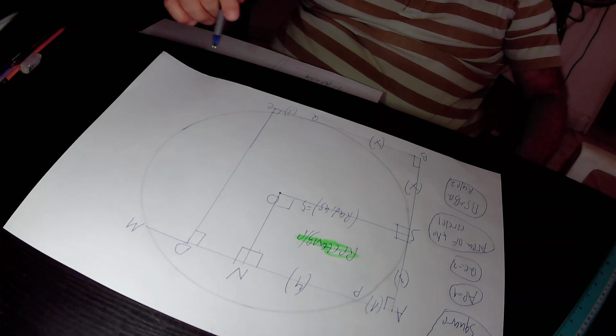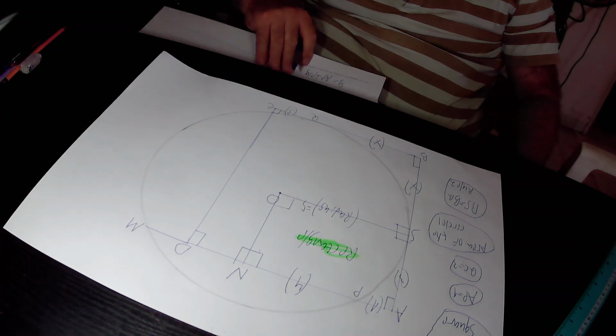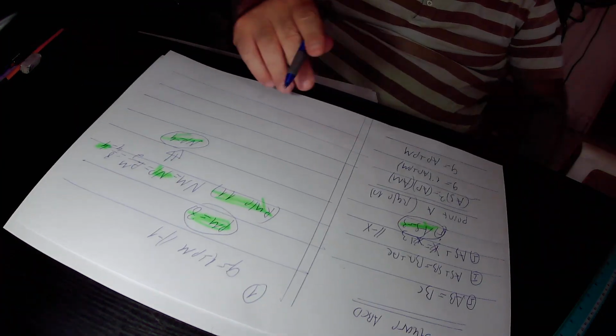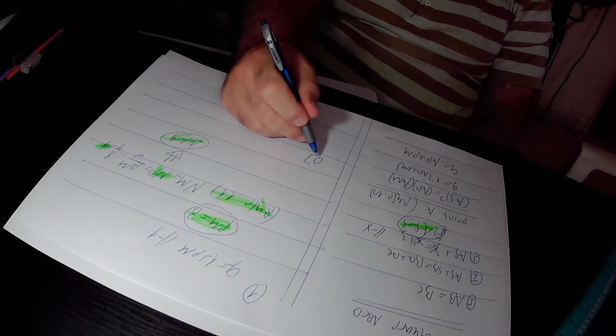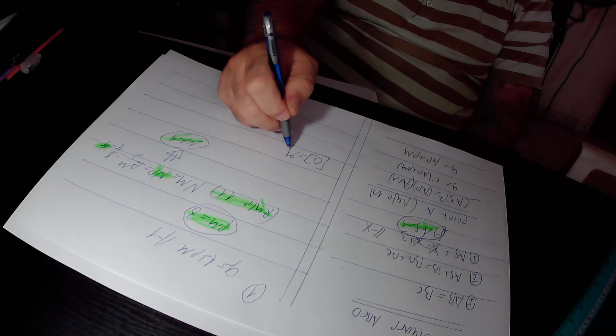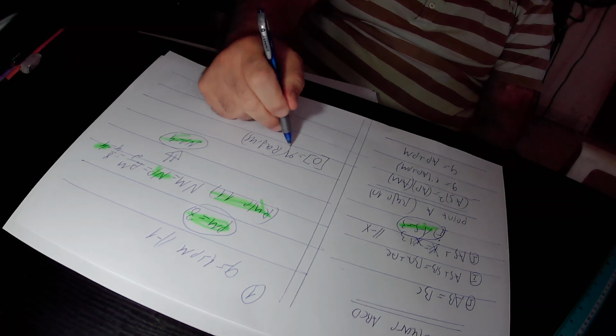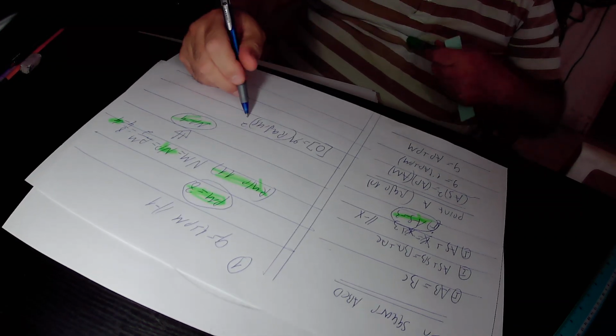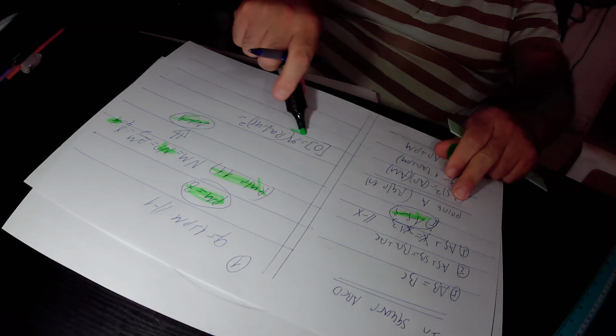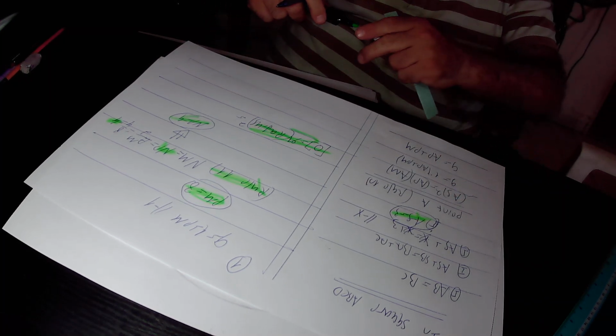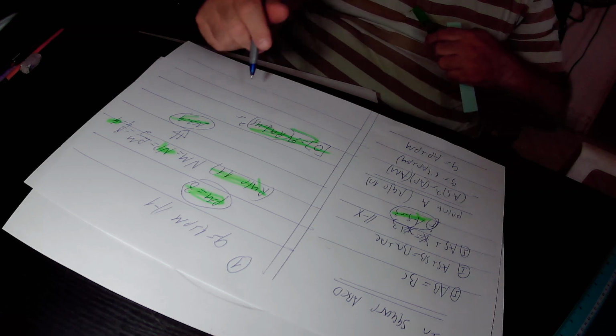Our mission is to find out the area of this circle. Actually, the area of any circle is equal to pi times the radius of the circle squared. And therefore, the area of our circle must be equal to pi times the radius of our circle squared.